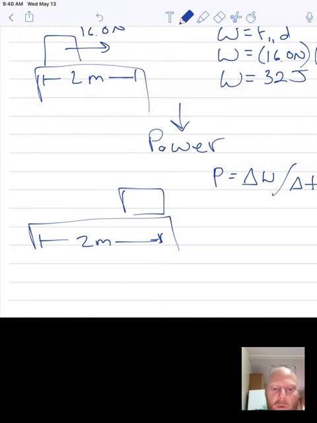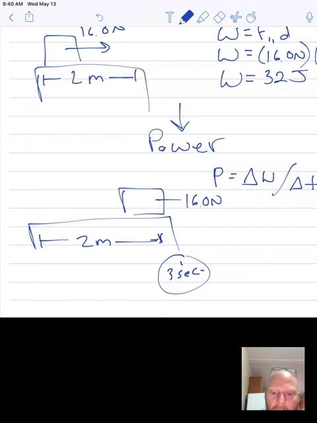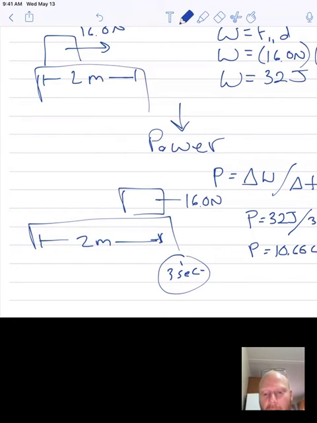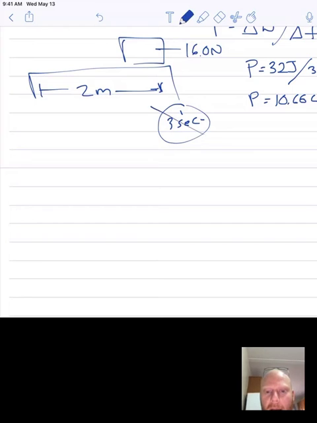And let's imagine we move that object, the 2 meters, and we do that in 3 seconds. So our change in work again is 32 joules. Our change in time is 3 seconds. So our power is 32 divided by 3, and so roughly around 11 watts of power.